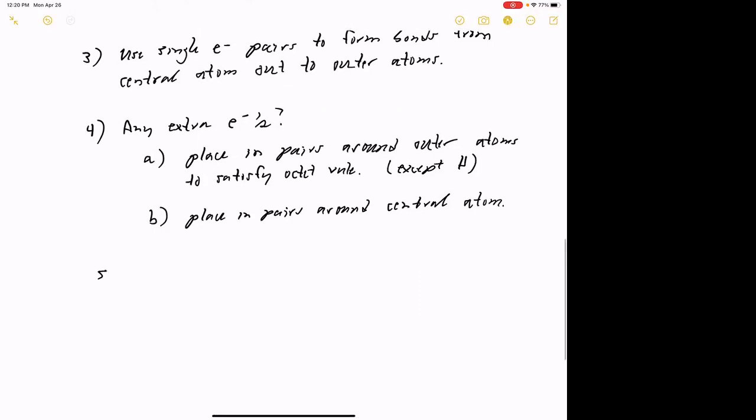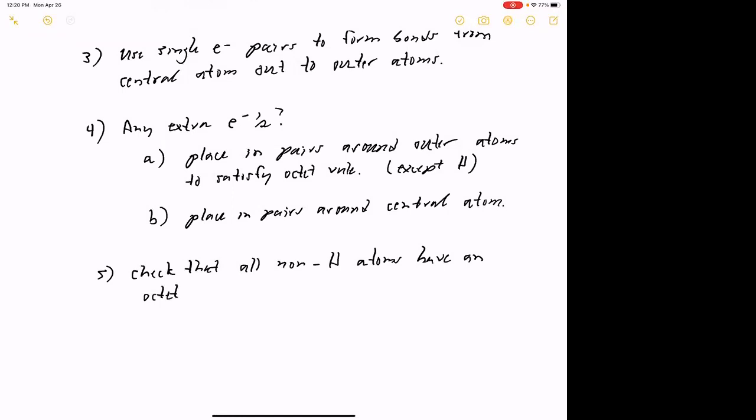Okay. So item number 5. Now we have to check that all non-hydrogen atoms actually have an octet. And remember, an octet means 8 electrons.